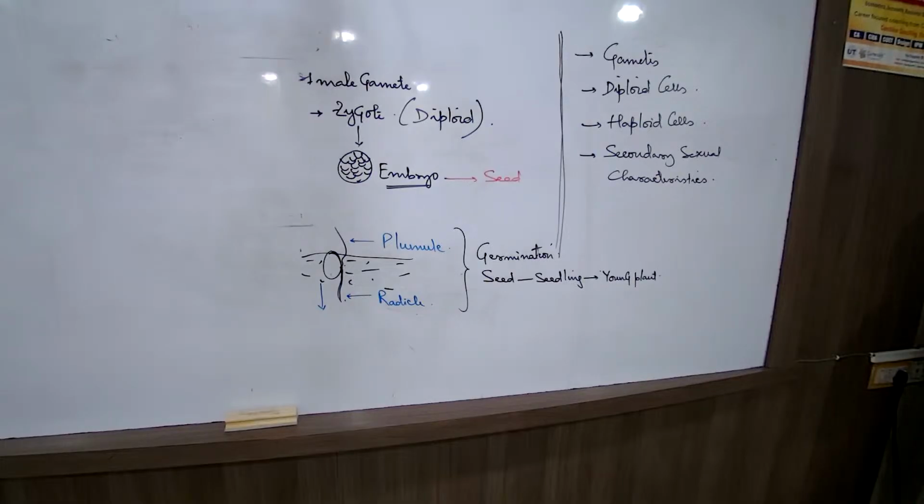Urethra is a word already you are aware from the excretory system concept. So this vas deferens goes and merges with the urethra. And then the entire urethral passage followed by the muscular structure known as the pelvis.